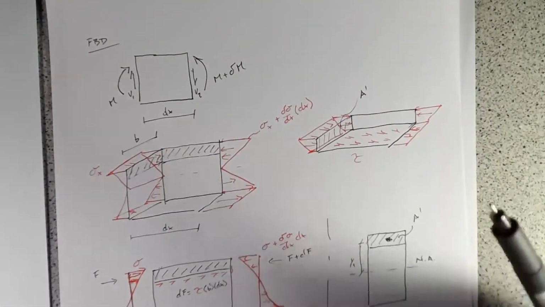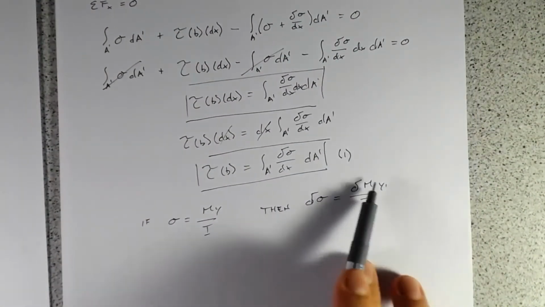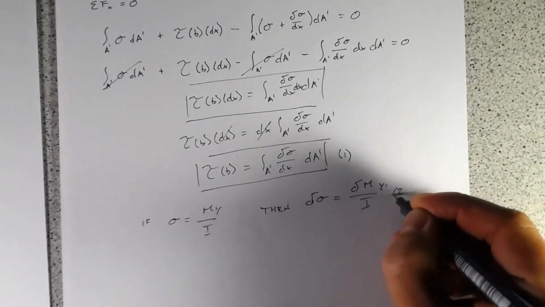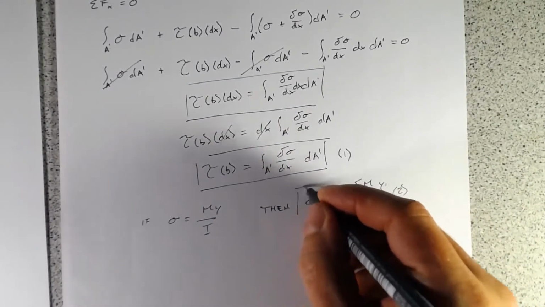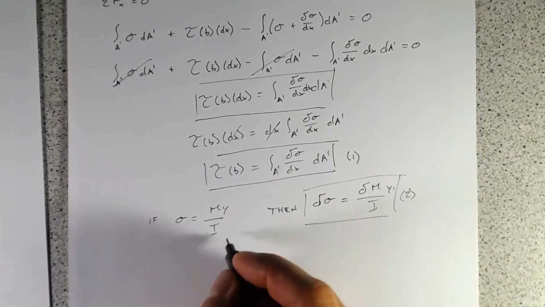That's just wherever we're trying to find the shear stress, and I is going to stay constant. So that means we can substitute. We'll call this 2. So we'll just sub in equation 2 into equation 1.